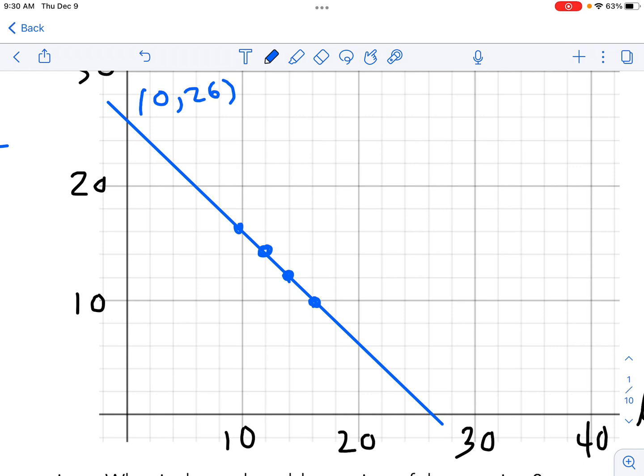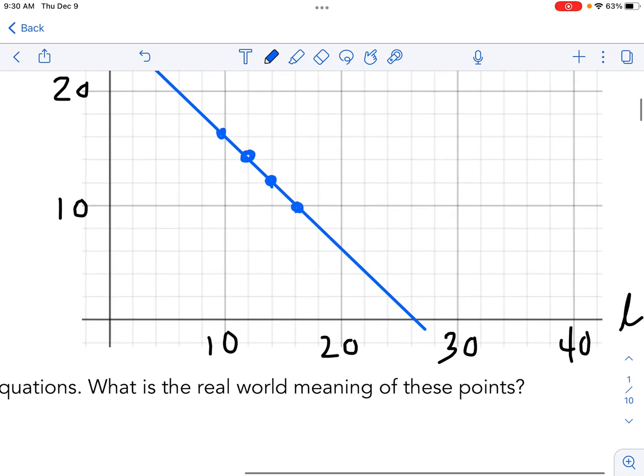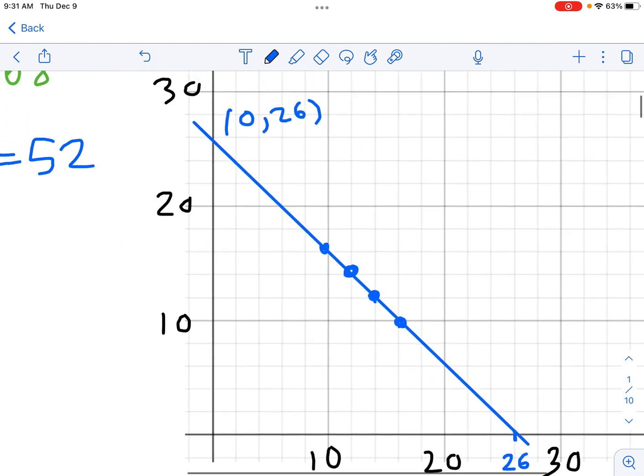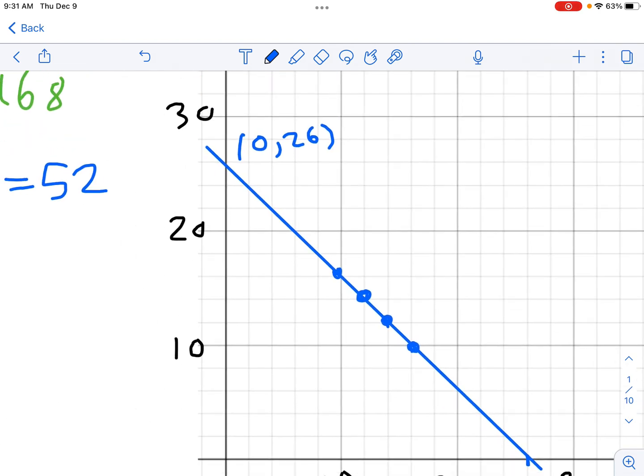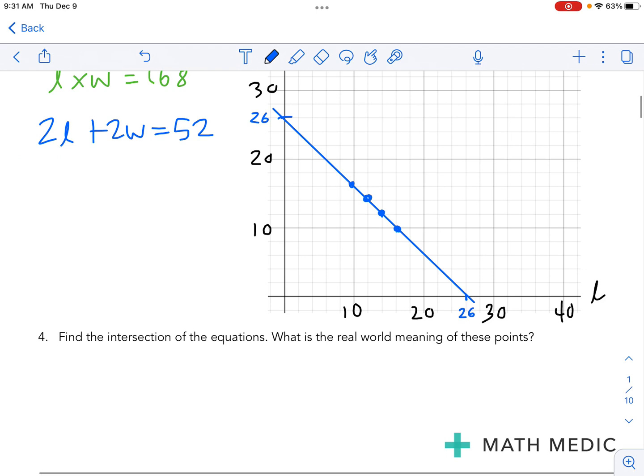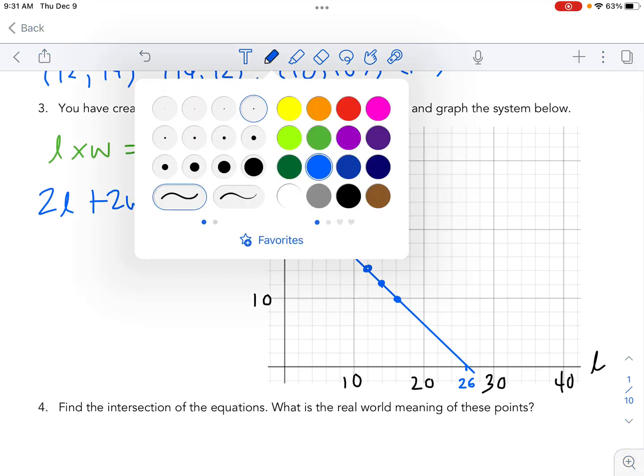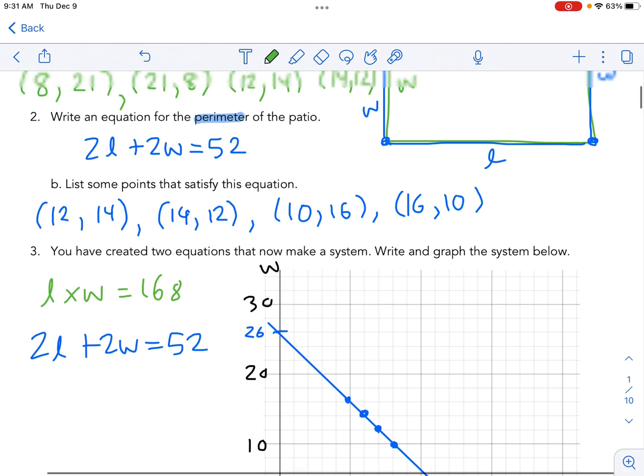I'm just pointing out those 2 points because this is 0, 26, right? Because 26 times 2 is 52, and this is 26, 0. I don't want to write them that way, though. I think what I'll do is I'll just do this. This is 26. This is the x-intercept, and this is 26. This is the y-intercept. Okay, so using intercepts, I could have graphed that too.